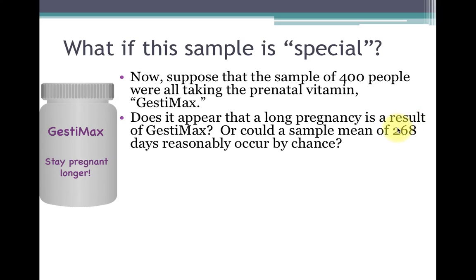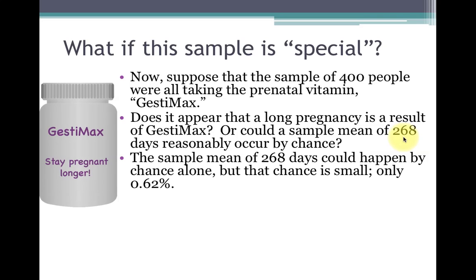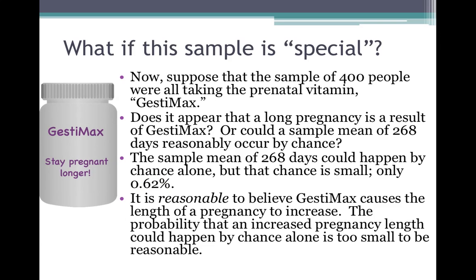So we know that the chance of us randomly selecting 400 women and getting this sort of result, 268 or more, is only 0.62%. So it could happen by chance, but the chance is very small. It's only 0.62%. So therefore, it's reasonable to believe Gestimax causes the length of a pregnancy to increase. The probability that an increased pregnancy length could happen by chance alone is too small to be reasonable.